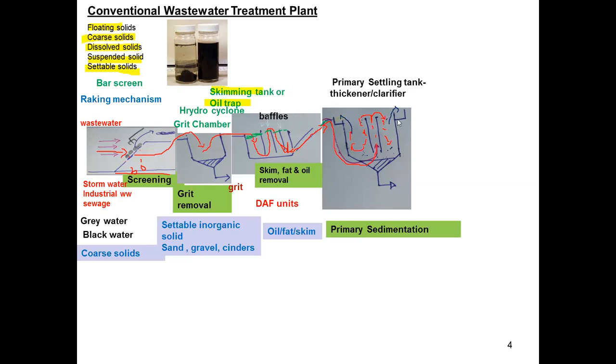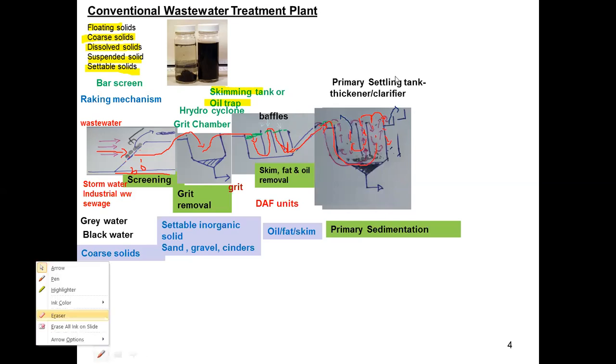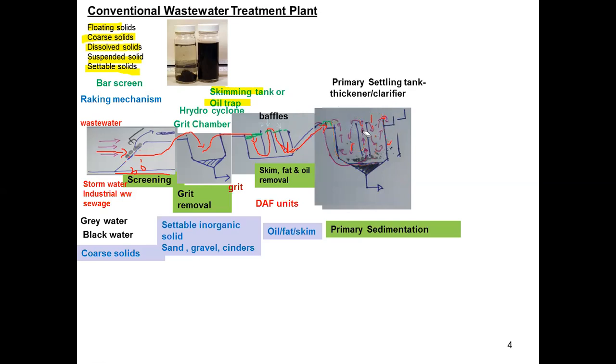Okay, so this is the way where we can see clear water going up and settled solids going down. Here you can see the clear water going up and going out through this channel, and the suspended particles and colloidal particles going towards the bottom, and they are settled at the bottom of the sedimentation tank.